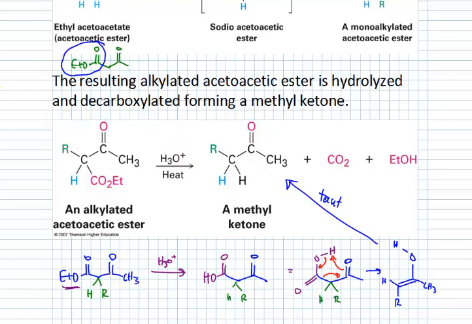So these 3 carbons, the alpha carbon, the ketone carbonyl, and the CH3 are still present, right? Alpha carbon, ketone carbonyl, and CH3. Okay. We've added an R group to the alpha carbon. We've hydrolyzed and decarboxylated to remove that extra ethyl. Okay?